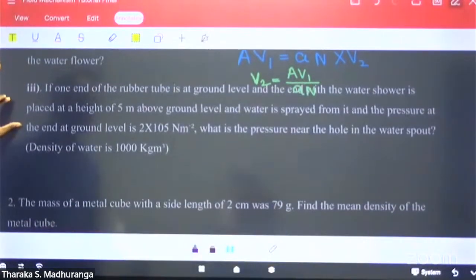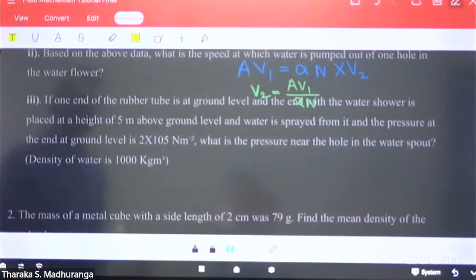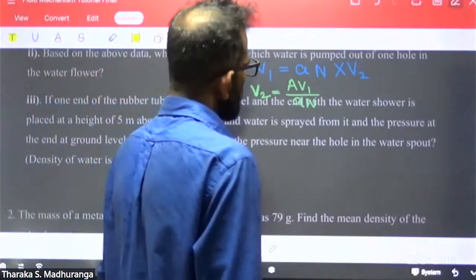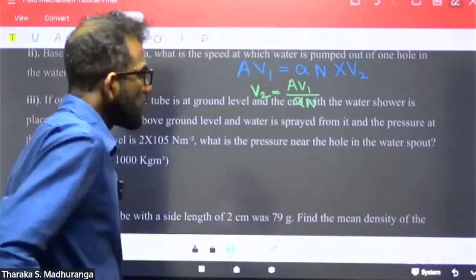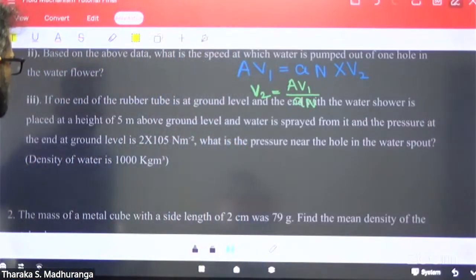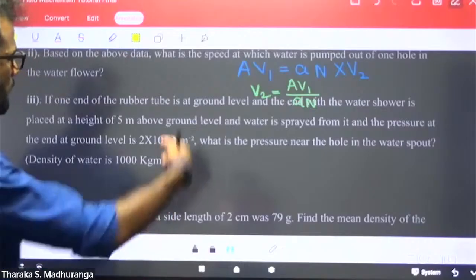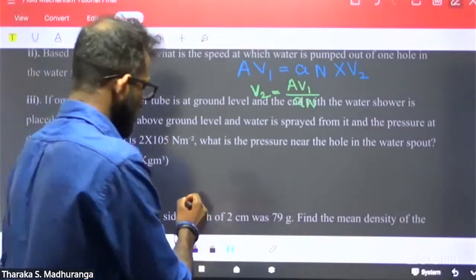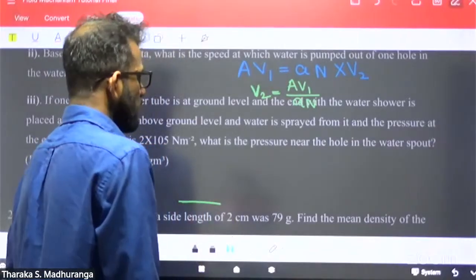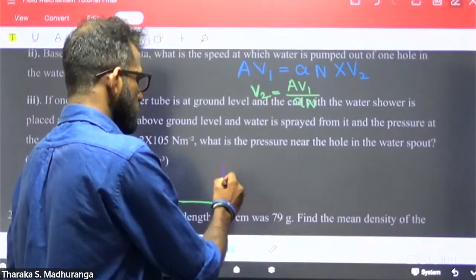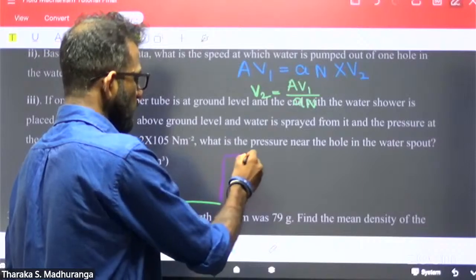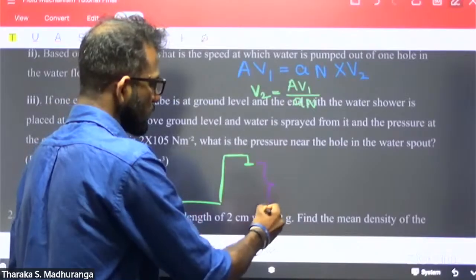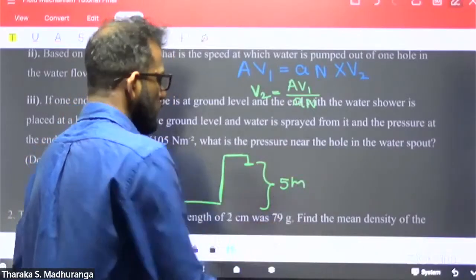Okay, third part of the same question. If one end of the rubber tube is at ground level and the other end with the water shower is placed at a height of 5 meter above ground level. That means this is one end of the pipe and the shower is 5 meter above, like this. The height of the shower from the ground level is 5 meter.